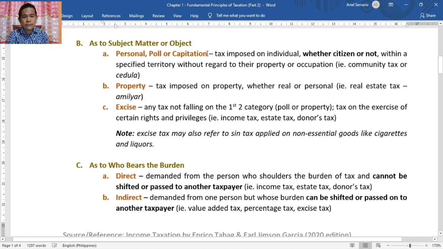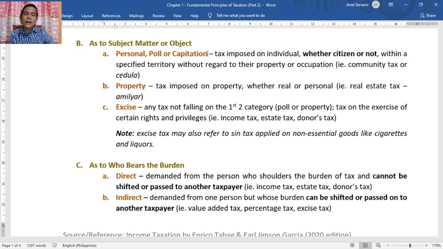When we are talking of this first category, yung personal, poll or capitation, yung buwis na ito ay pinapataw sa mga individuals, sa mga tao, regardless kung citizen ka or hindi. Now, etong citizen or not, pag-uusapan natin ito later on sa mga susunod na linggo. And syempre, yung pagpapataw nito is within the bounds of the territory, within the jurisdiction of the state.